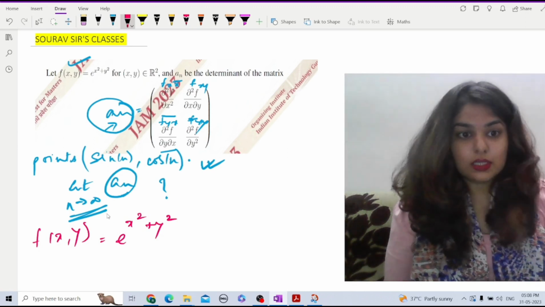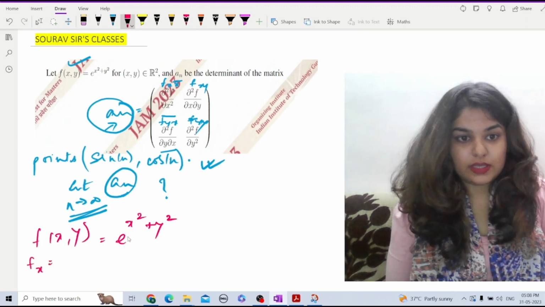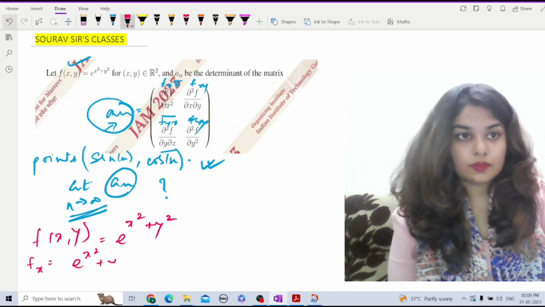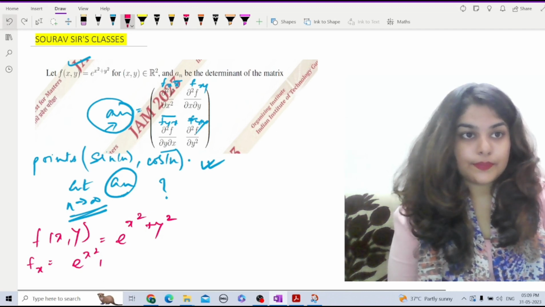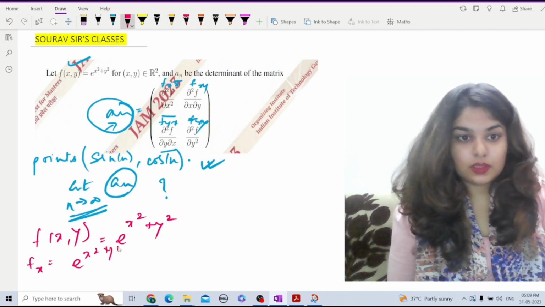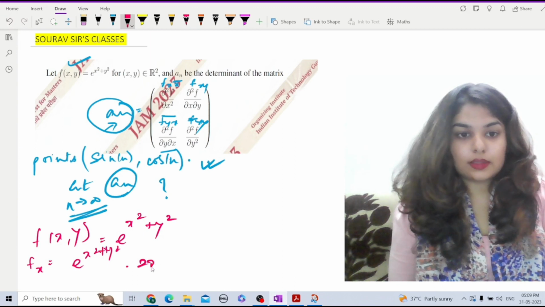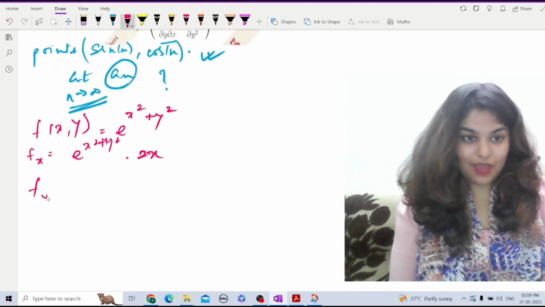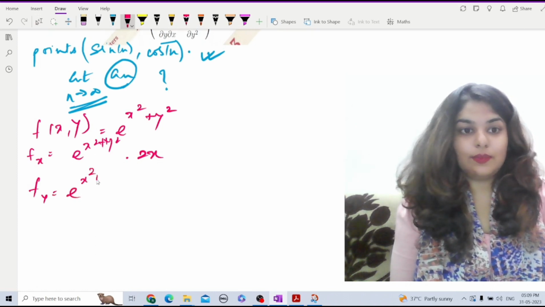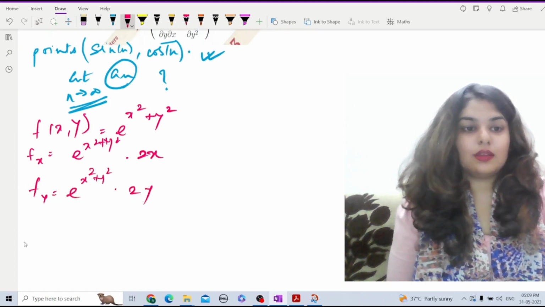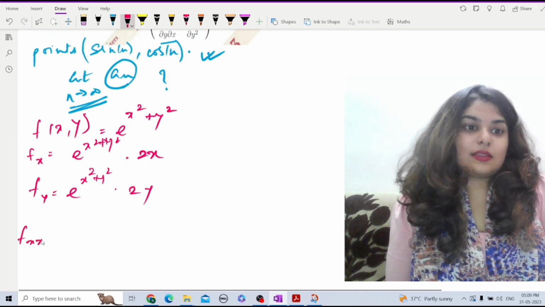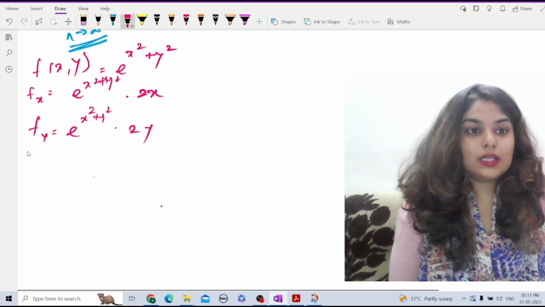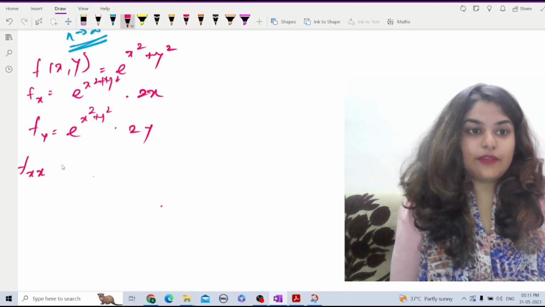So let us first find out how much is fx. Fx is, of course, e to the power x square plus y square into 2x. F of y is equal to e to the power x square plus y square into 2y. Now let us find out fxx.